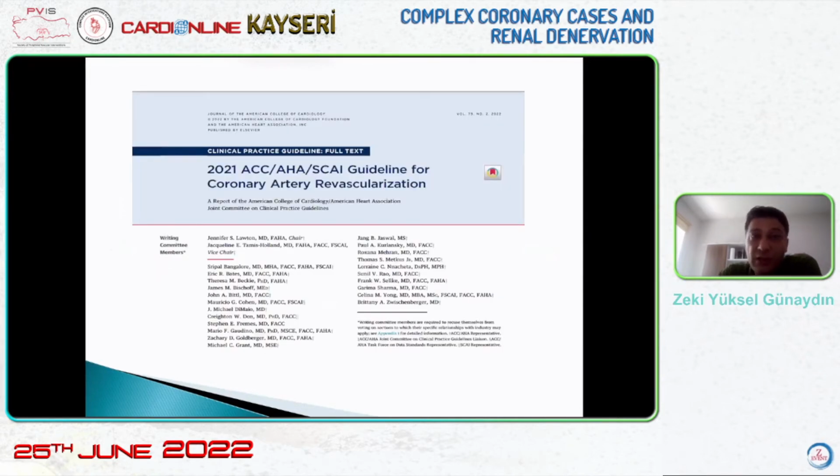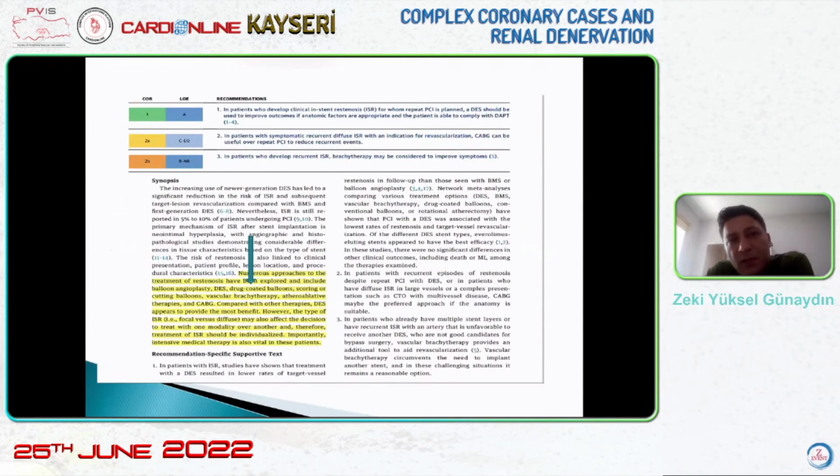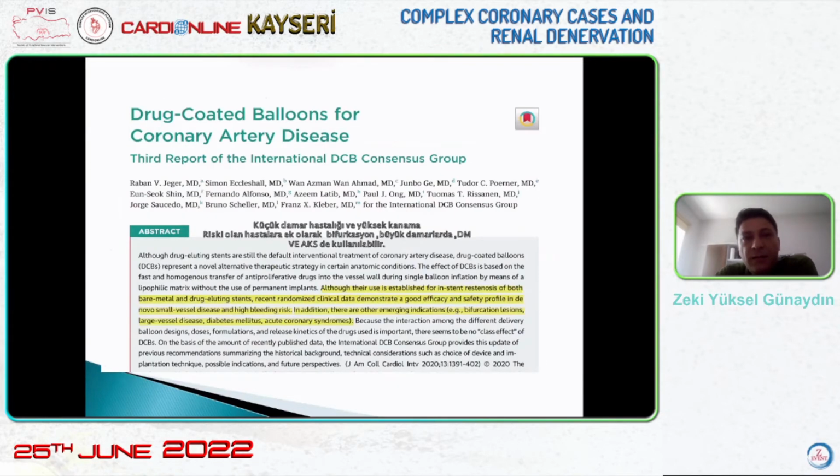After 3 years, the US guidelines were published, and they do not take into consideration the Eastern publications. There is no indication in the US guidelines, but in in-stent stenosis, with scoring, cutting balloon, and angioplasty, the drug-coated balloons are used.